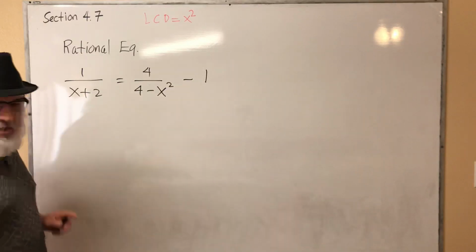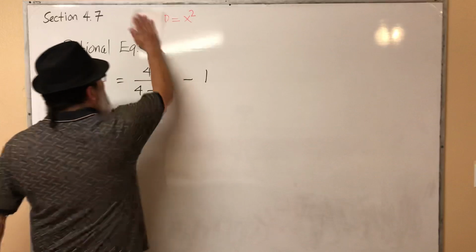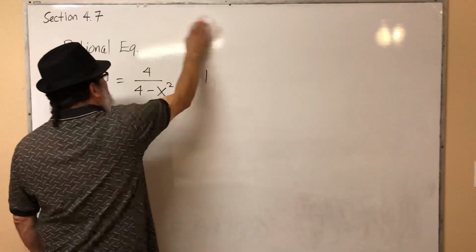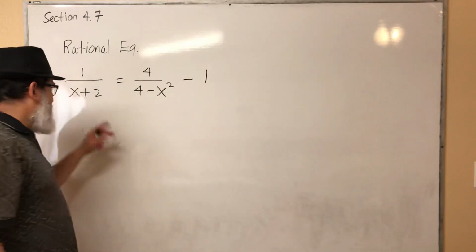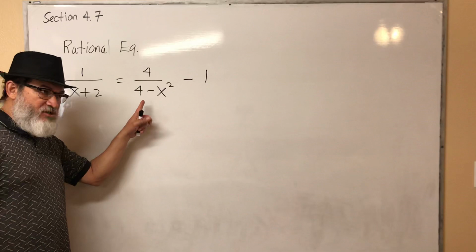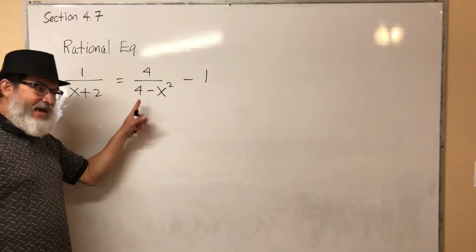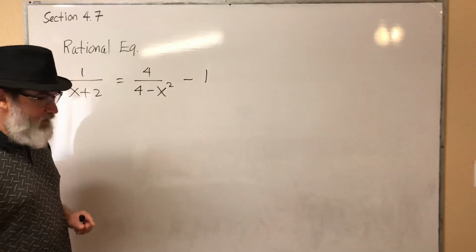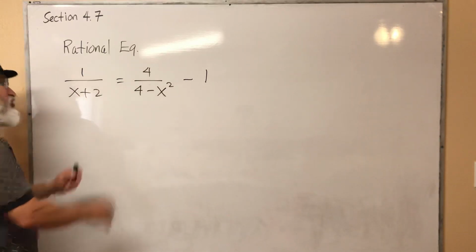Once again, before solving, let us fix the denominator, because this difference of squares has x plus 2 in it. Okay? So let's fix it first.